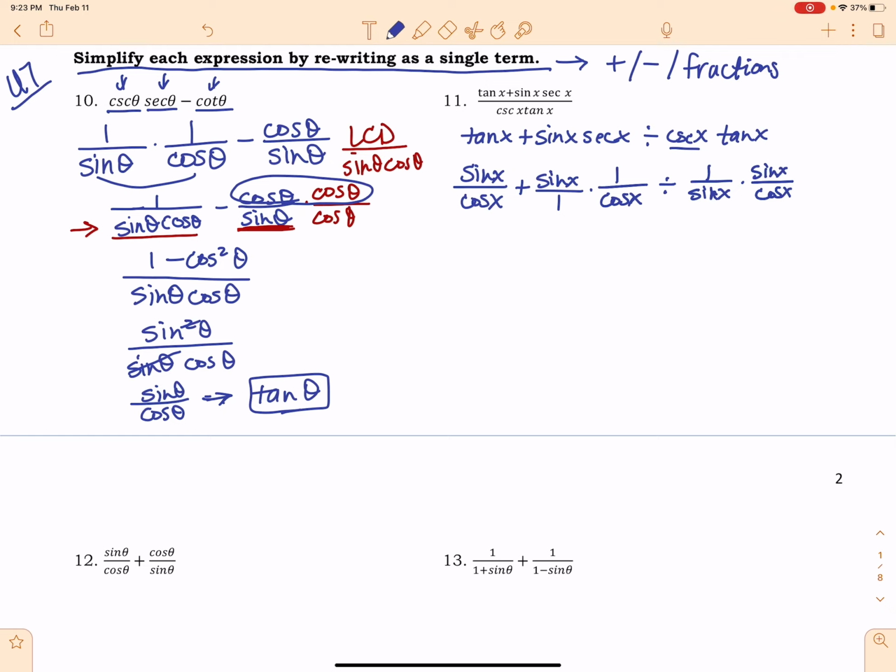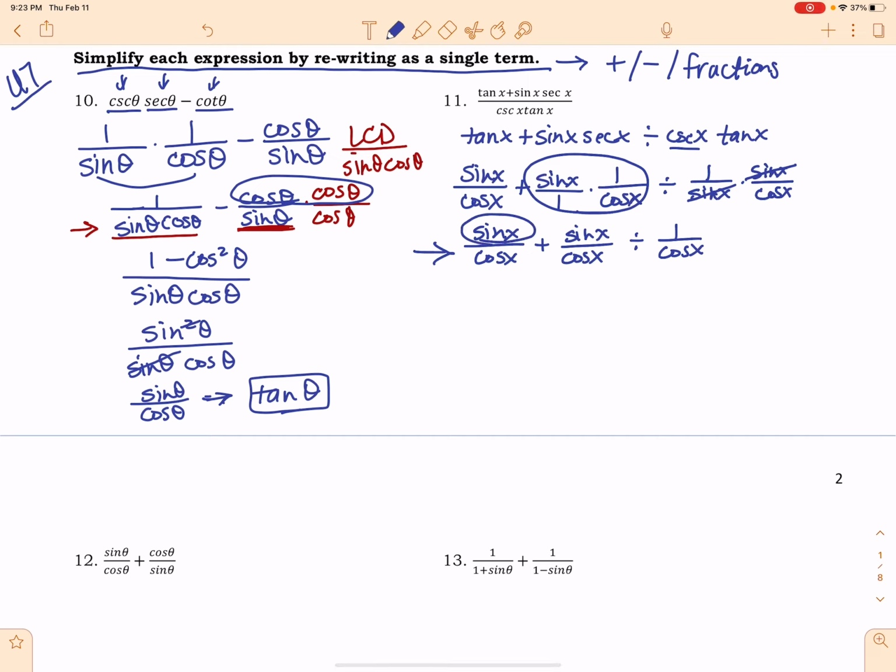So the first thing I want to do, I've got sine x over cosine x, plus I'm going to multiply these together. It's easy peasy. Sine x times 1 is sine x. 1 times cosine x is cosine x. Divided by, and I can reduce these here, so I end up with 1 over cosine x. And then these two fractions have the same denominator already.